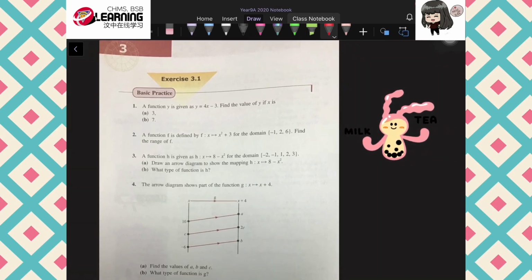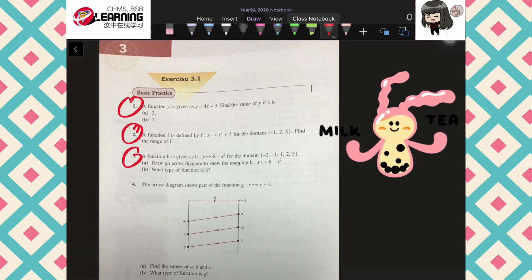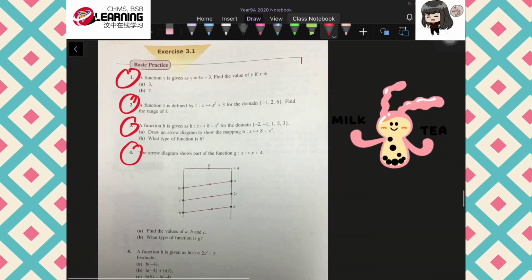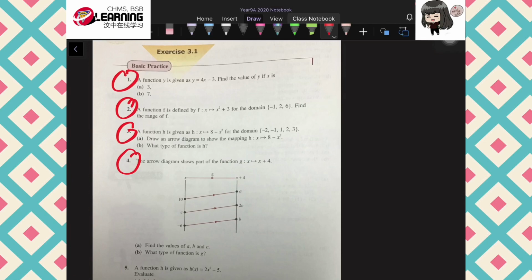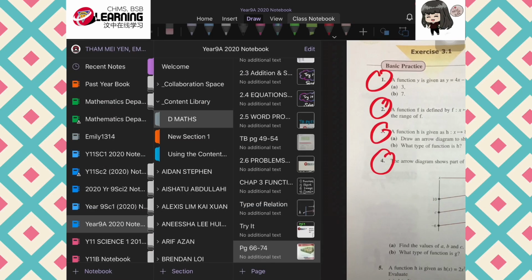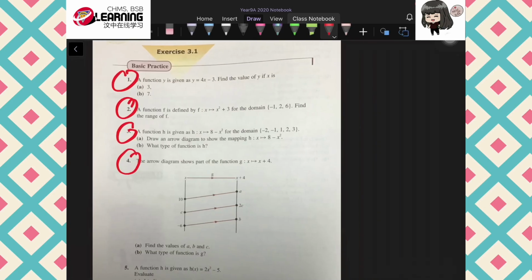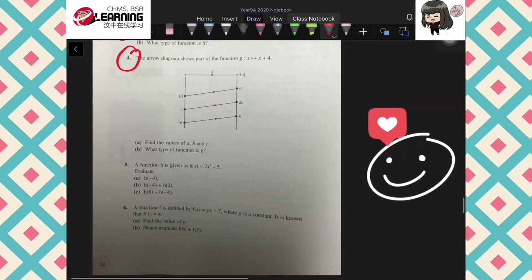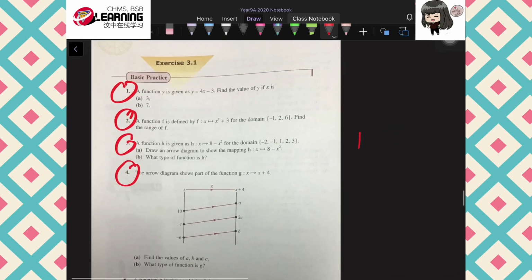You can try to do question 1, 2, 3, and 4. I will discuss with you in the next lesson. Hope you understand what a function is now. Please try to do page 72, Exercise 3.1, question numbers 1, 2, 3, and 4.